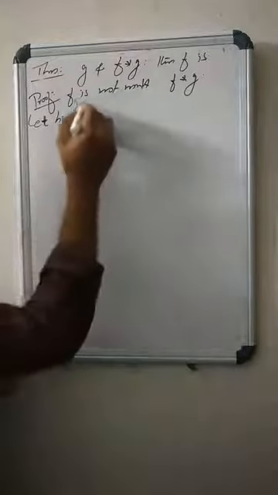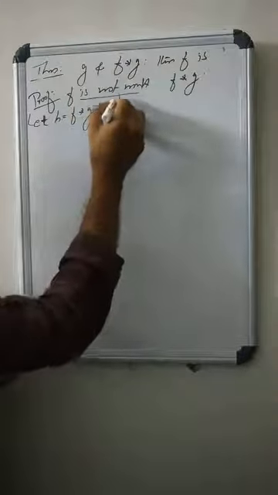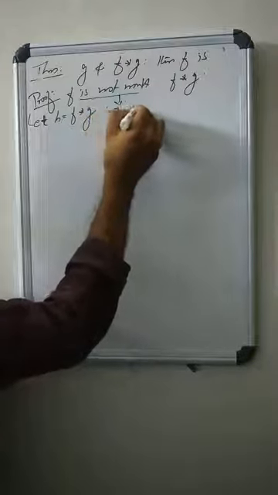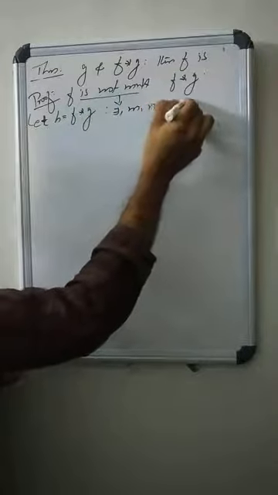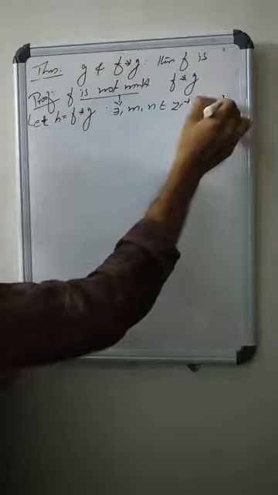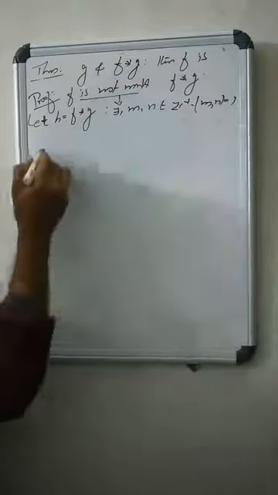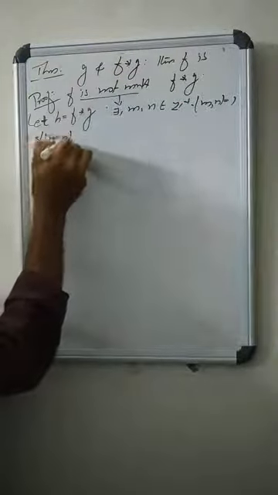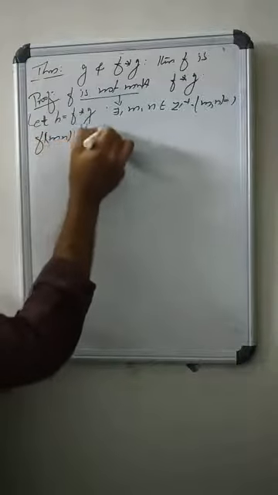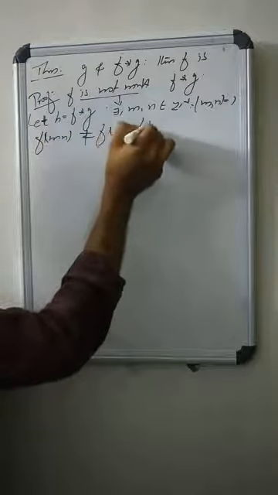Since we suppose f is not multiplicative, there exist two positive integers m and n, with m and n relatively prime, such that f of mn differs from f of m times f of n.